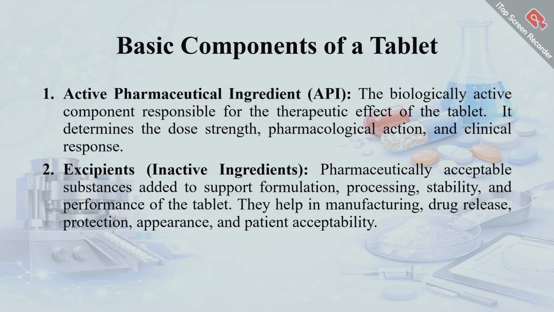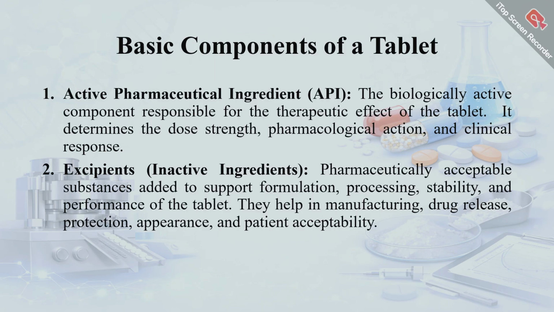API is the main ingredient of the tablet because it is only responsible for the therapeutic effect. Whatever the disease we are using it to cure, that should be fulfilled. So API is the main ingredient, and it only determines the dose strength, 5 mg, 10 mg, all those will be from API. And also it should fulfill the purpose of pharmacological action along with the clinical response.